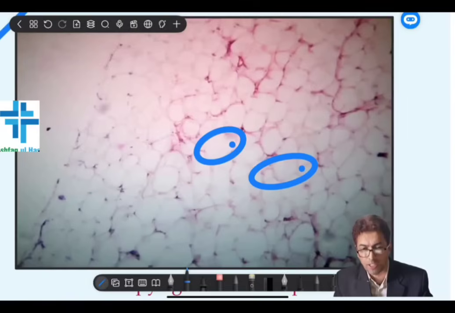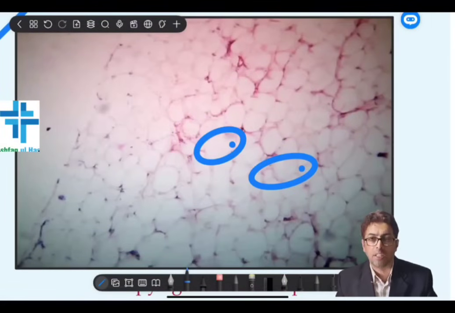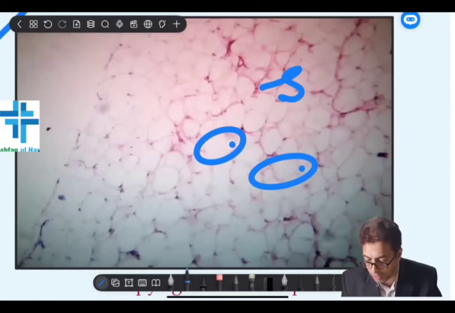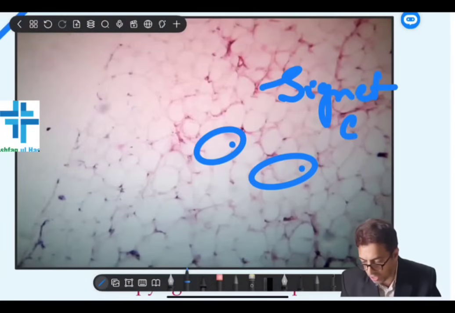We stain the fat cell with the Sudan stains, and the nucleus is pushed towards the periphery, giving them the appearance of what we call signet cells.